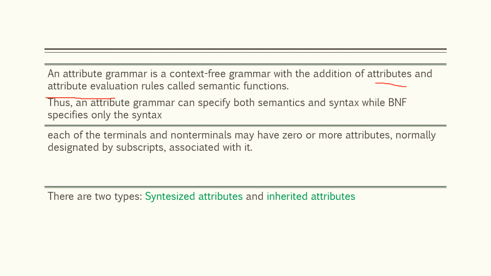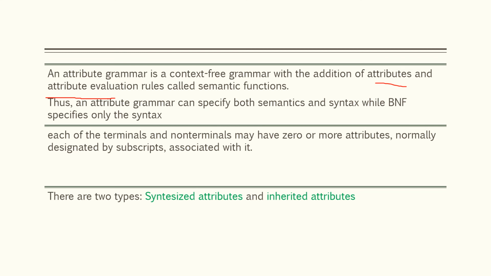So this attribute grammar is introduced so that we are able to specify semantic errors as well, instead of just syntax errors. Each terminal and non-terminal may have 0 or more attributes.